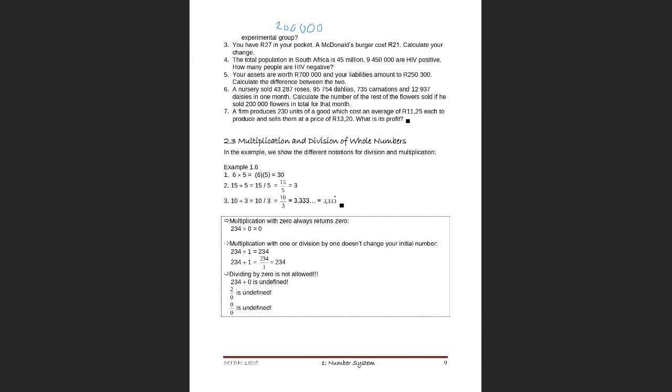He sold 200,000 flowers, but out of that, 43,287 were roses, 95,754 were Harleys, 735 were carnations, and 12,935 were daisies. So 47,287 were the flowers that were not sold, the rest of the flowers. Yes, it's 47,287. Did you all get the answer? That will be the answer.